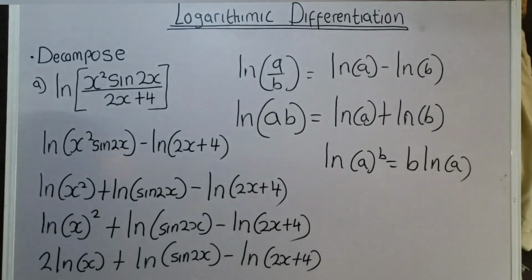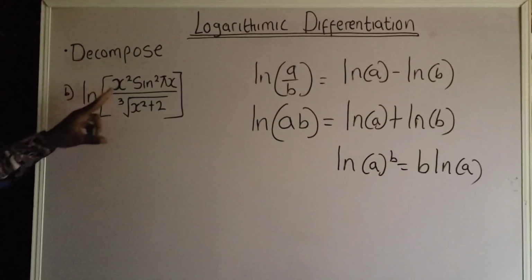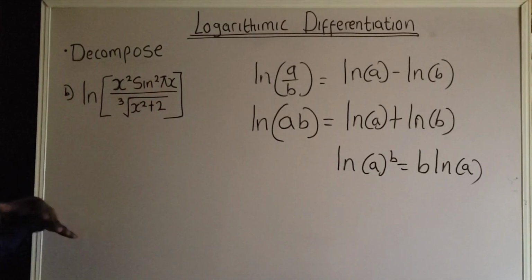So question B, decompose ln of x squared sine squared pi x all over the cube root of x squared plus 2. We are still going to follow the same approach.